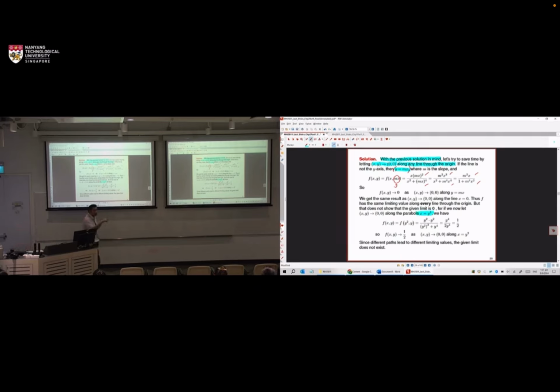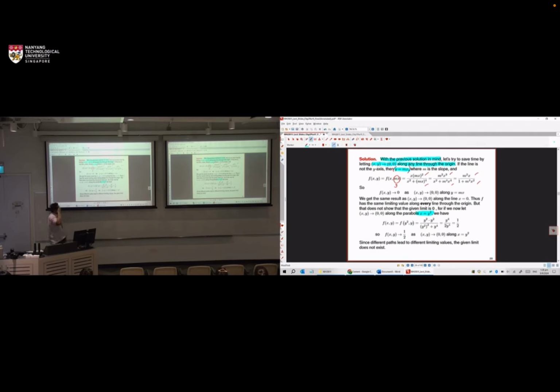Instead of a line, we analyze a parabola. It's also okay, the path need not be a line. So let's say I analyze x equal to y squared. I replace all the x by y squared and change the formula. Then here I can simplify it easily. Cancel, cancel, I get half. So you conclude that f approaches half as x, y approaches 0, 0 along x equal to y squared.